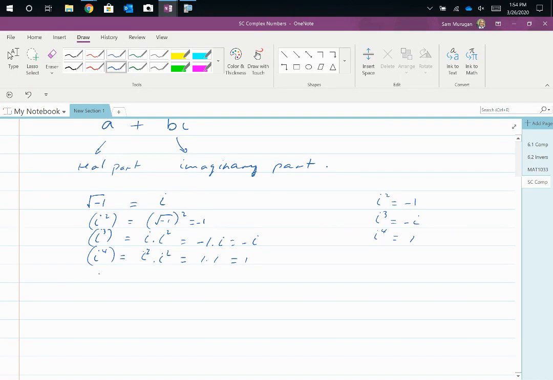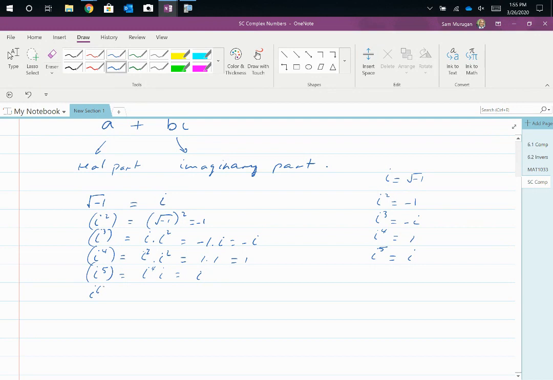And if we keep going down the cycle, i to the 5th power is i to the 4th power times i, and we know that i to the 4th power is 1, so i to the 5th power is equal to i, because we started off with i being the square root of -1.